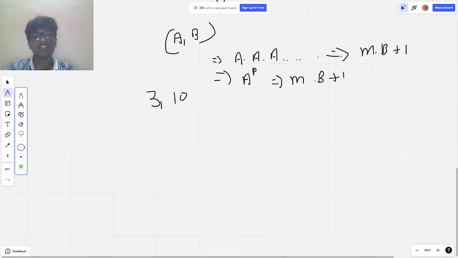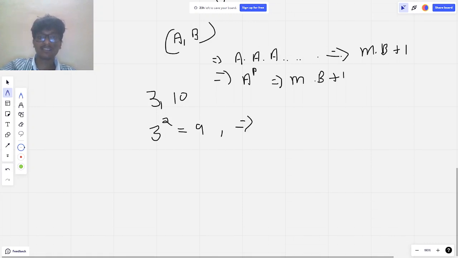In this example, 3 and 10 don't have any shared factors. But if we take the power, for example 3 squared, it is 9, which can also be written as 1 times 10 minus 1, which is not what we want. Next we take 3 cubed, 27, which is 2 times 10 plus 7, which is also not what we want.